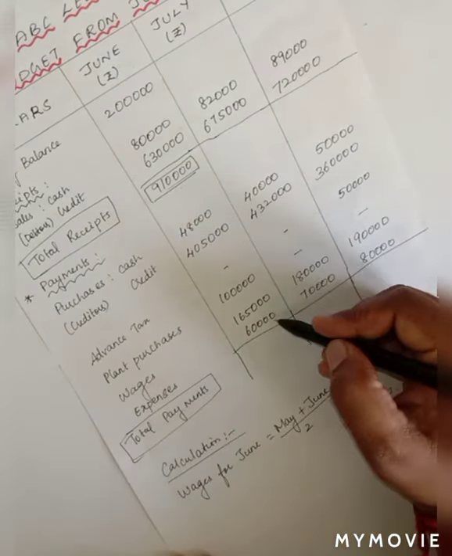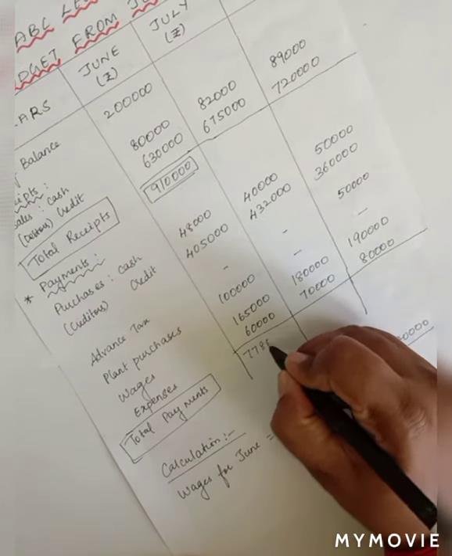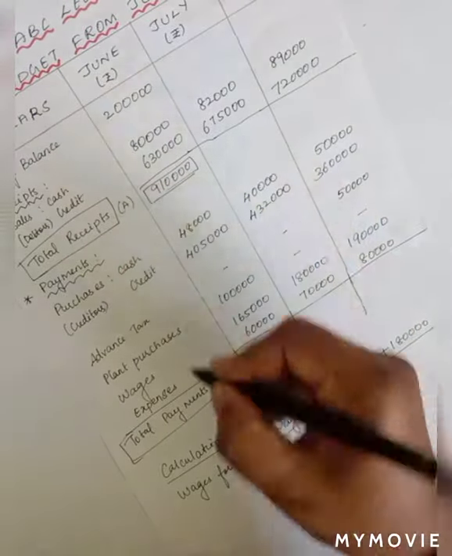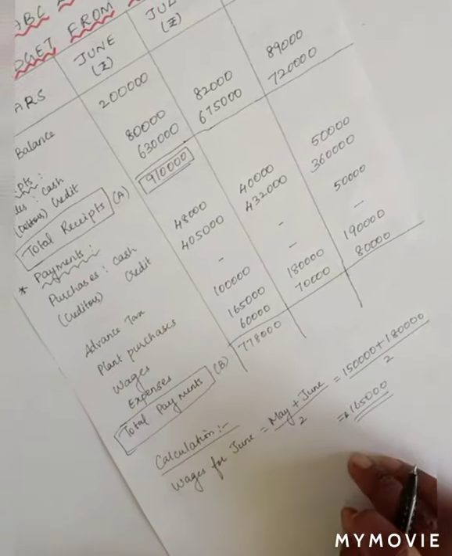So if you add all this together, you get 7,78,000. And now you can consider this to be A and this to be B.